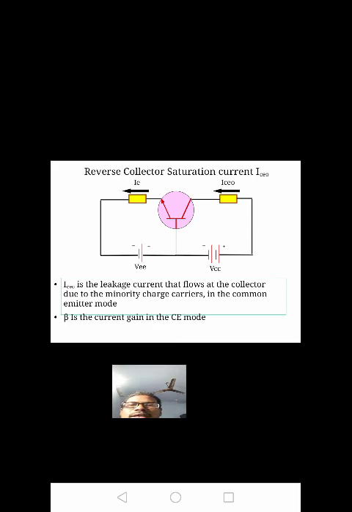ICEO is the leakage current that flows at the collector due to the minority charge carriers in the common emitter mode. Beta is the current gain in the CE mode, common emitter mode. Here we identify the values of ICEO and ICBO.